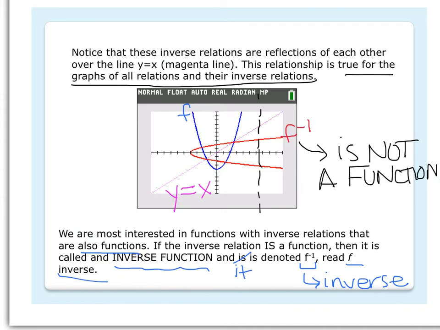If you drew a vertical line through the blue graph, any vertical line through the blue graph is only going to intersect the blue graph at one point, which makes the blue graph, or the function f, a function. So f is a function because it passes the vertical line test.